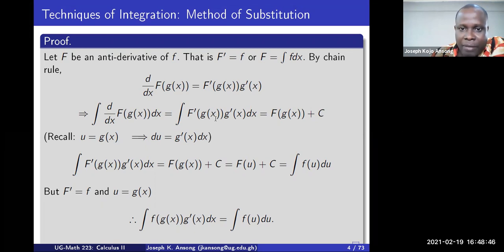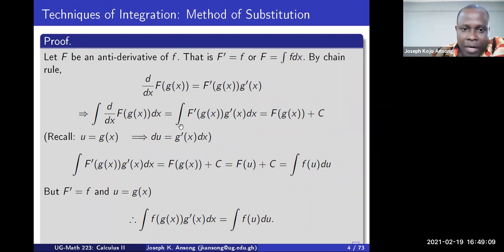You have f of u, and then g prime dx is just du. So you have f of u du, right? The integral of f is just F of u, okay? But u is g of x, so you get this. So either from here or from there, this integral gives you this expression on the right, okay?